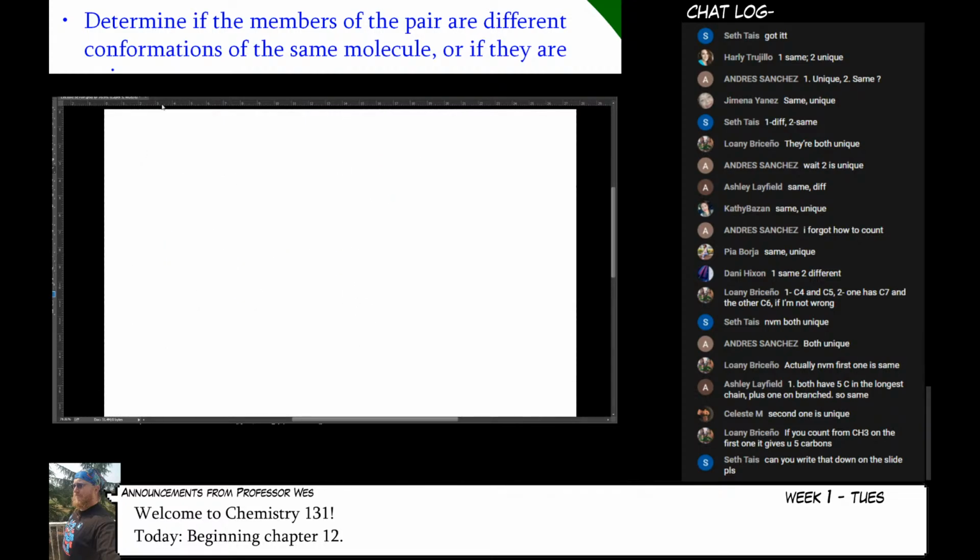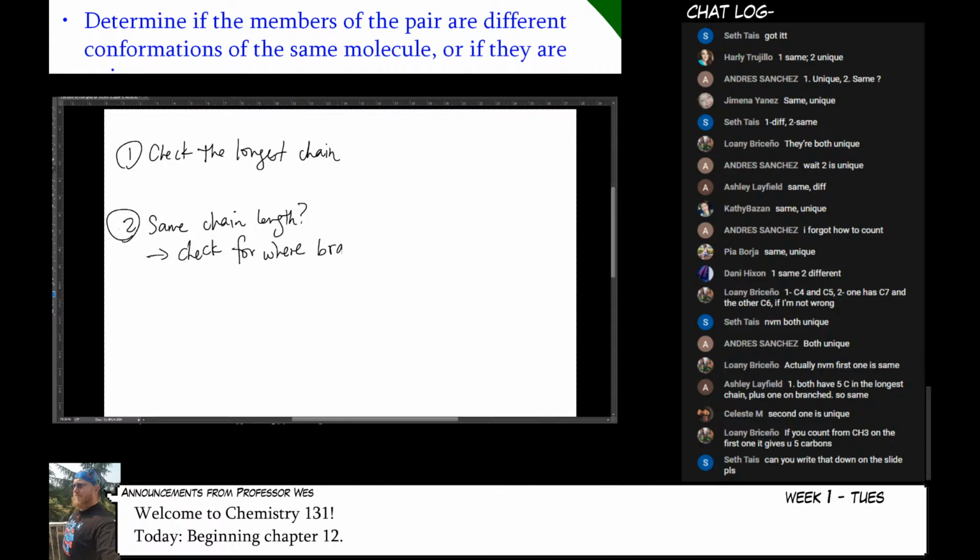So, oops, let me get the black marker. So step 1, we want to check the longest chain. And then at step 2, if they have the same chain length, then check for where branches occur.